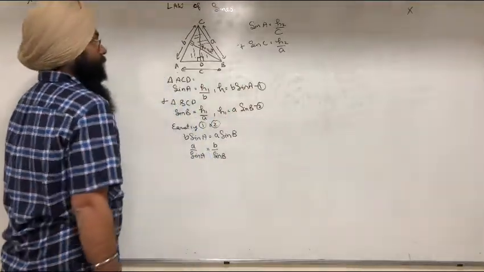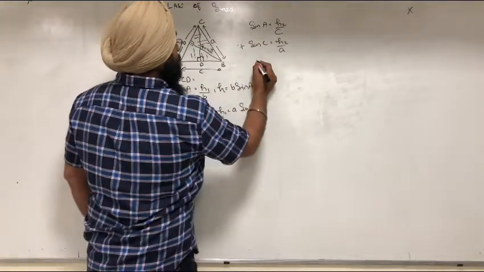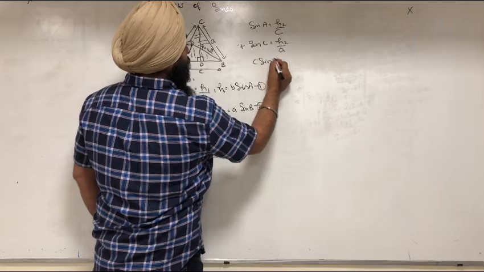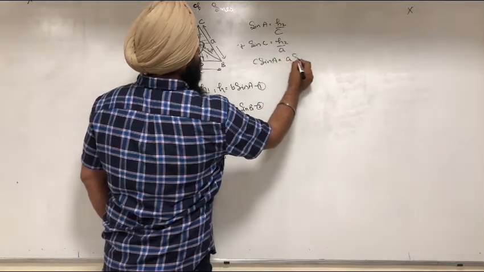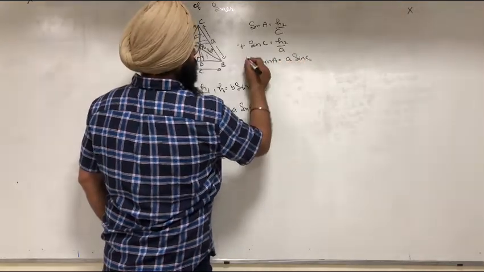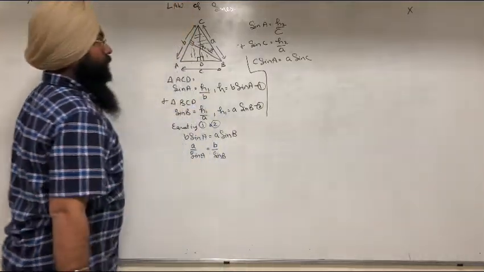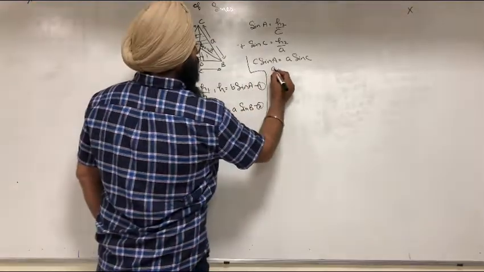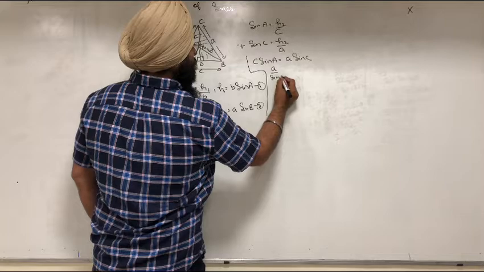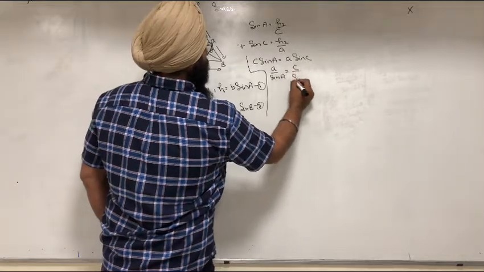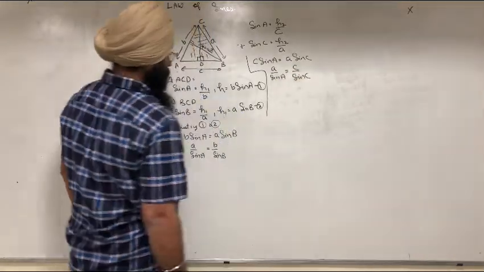So C sin A will be equal to A sin C, equating H2. Therefore, A by sin A will be equal to C by sin C.